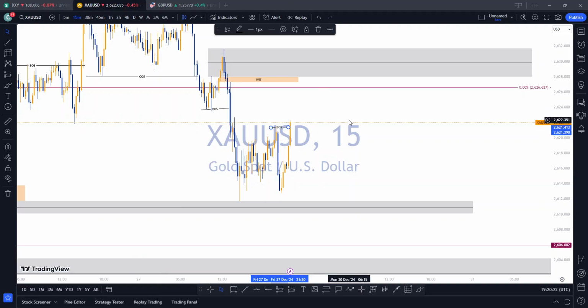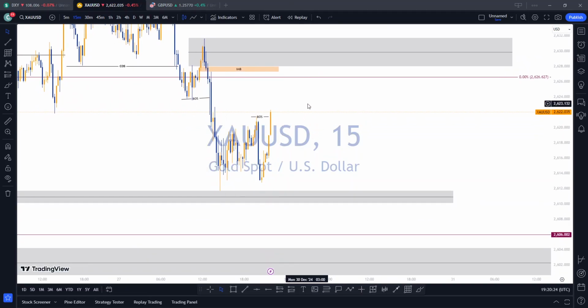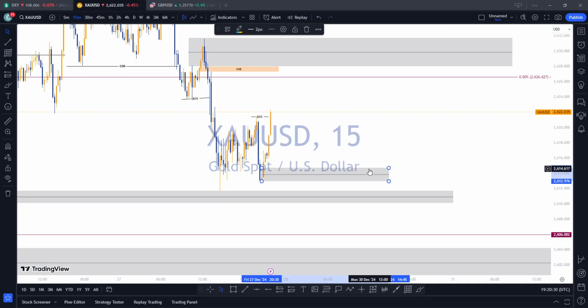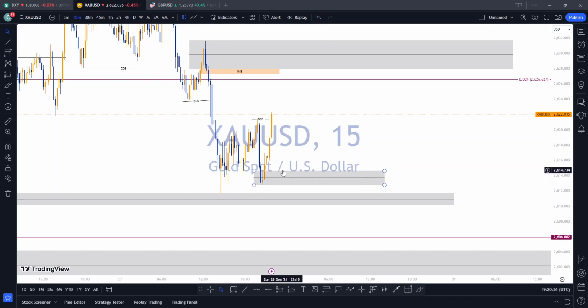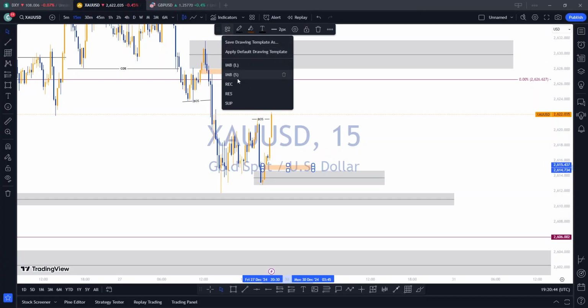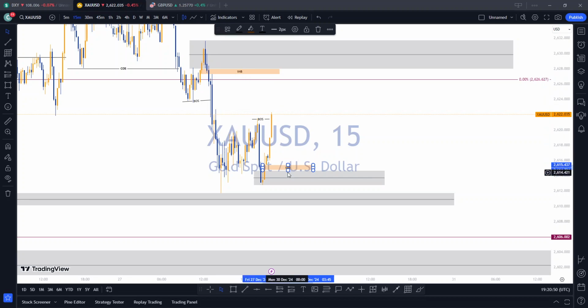So now, if you want to enter for a buy on gold, I'm waiting for a retracement around this area right here. Retracement around that area. The order block is present, and we have an imbalance that is also present, right?